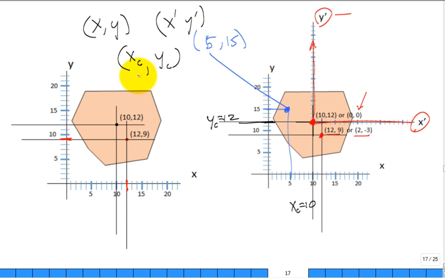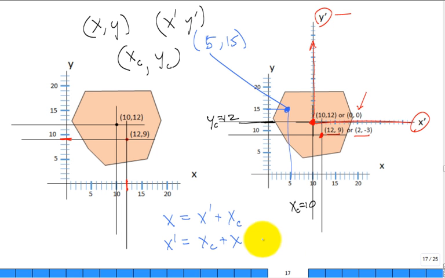Can you write an equation relating the 3 x's and then an equation relating the 3 y's? Like somebody says, oh, I think x is equal to x prime plus xc. No, I think x prime is equal to xc plus x.